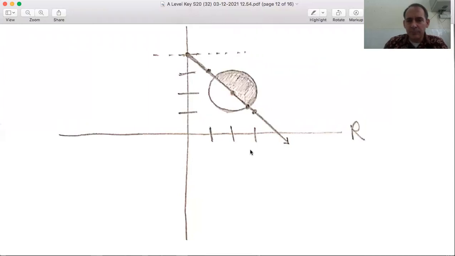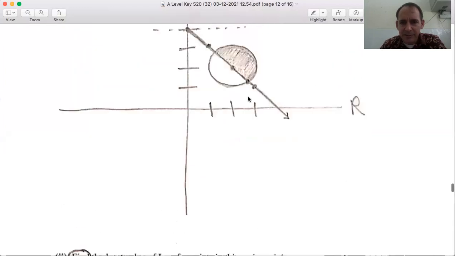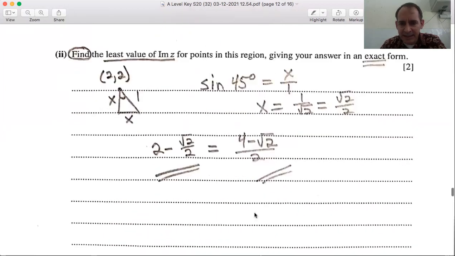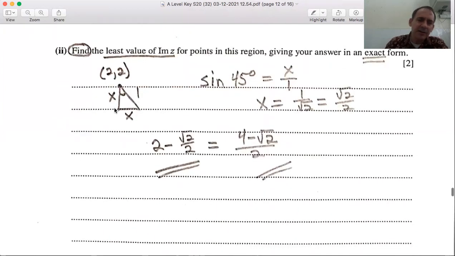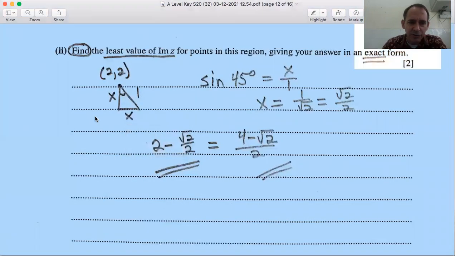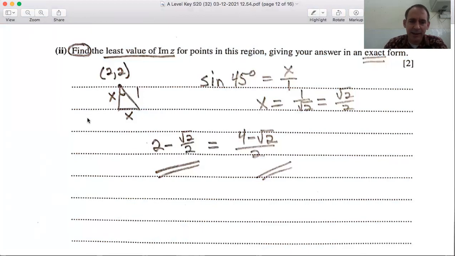So to do that, we know this point right here is the point 2 plus 2i, and we want to drop down to our lowest imaginary point, and we can make a little right triangle, and we know that the radius is 1. So it's a right triangle where these sides are the same, with hypotenuse 1, starting at the point 2, 2i.